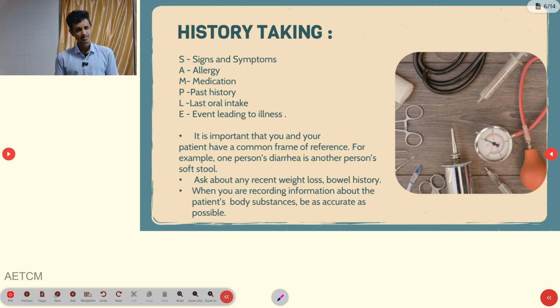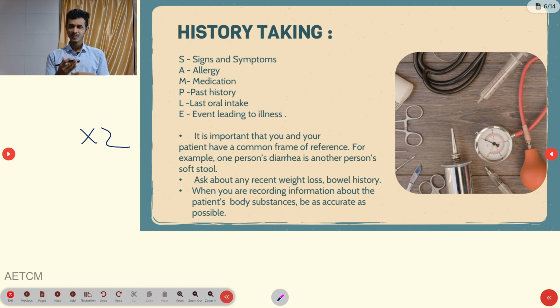And then we should not forget to ask about the weight, whether there is weight loss or weight gain. Then bowel history, as we told, and then we have to ask about body substances, either vomiting or diarrhea. While collecting substance related history, we have to ask about the quantity: if it is stool, how many episodes, 2 episodes or 3 episodes.